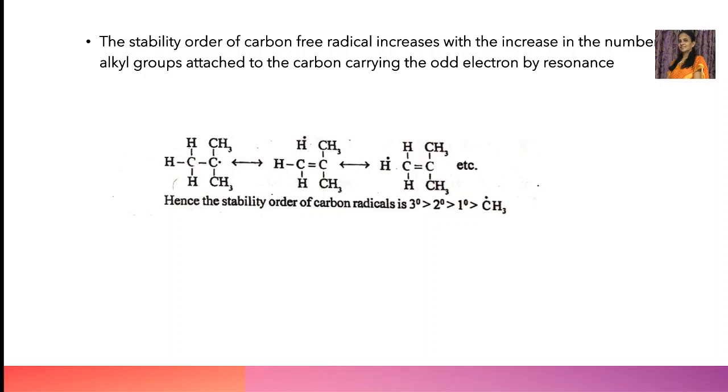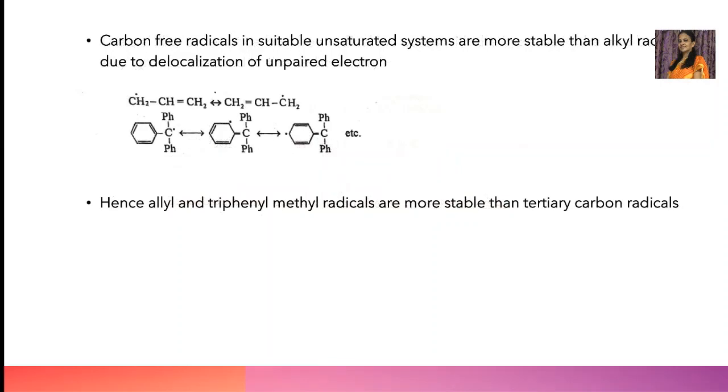The more the number of hydrogen atoms attached to the adjacent carbon atom bearing the unpaired electron, the more the number of resonance structures, and the more the stability. So due to delocalization of the odd electron present on the carbon atom, the tertiary carbon free radical is more stable when compared to secondary, which is more stable when compared to primary, which is more stable when compared to the methyl free radical.